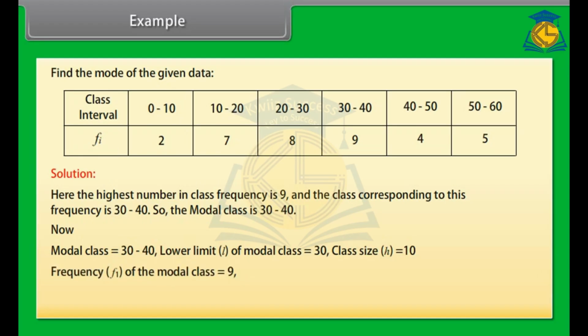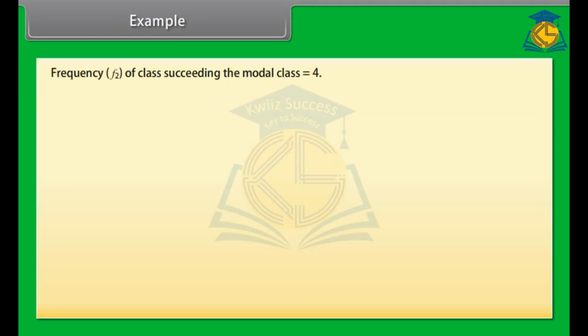Frequency F1 of the modal class equals 9. Frequency F0 of class preceding the modal class equals 8. Frequency F2 of class succeeding the modal class equals 4.